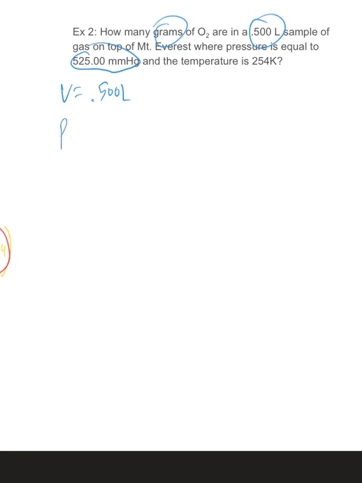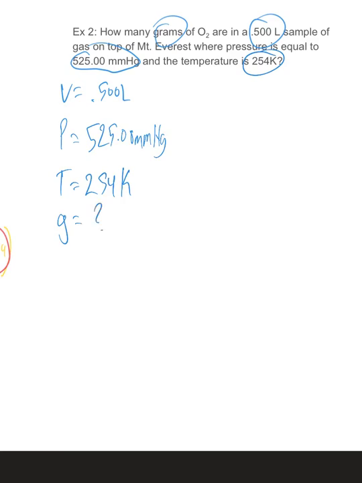So I'll go ahead and label that as my pressure, 525.00 millimeters of mercury. And the temperature is 254 Kelvin. And so it is looking for grams in this particular equation.